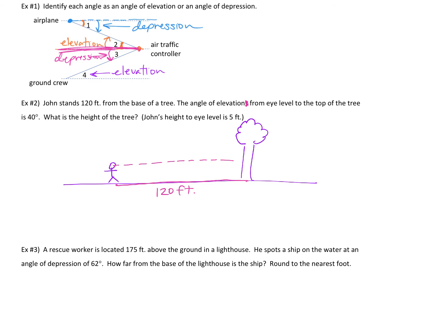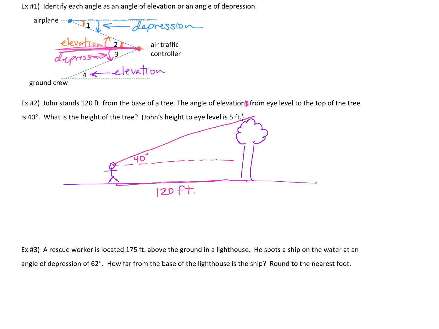So they're saying from his eye level, he would look up at the tree, angle of elevation of 40 degrees. That makes this angle 40 degrees. Do you see that? That's the important part for you to come up with. A lot of times people put that 40-degree angle in the wrong place. So just think horizontal line, he looks up at the tree. Where would that angle be? That's the 40 degrees right there.